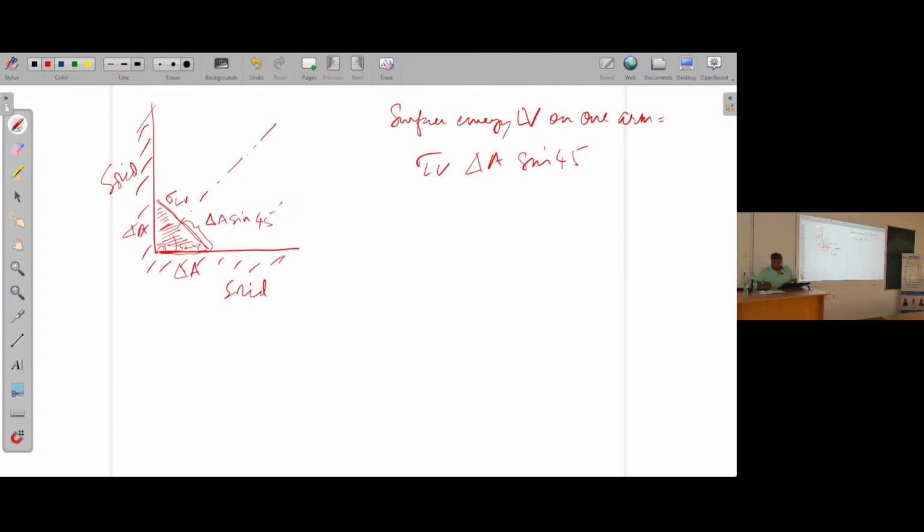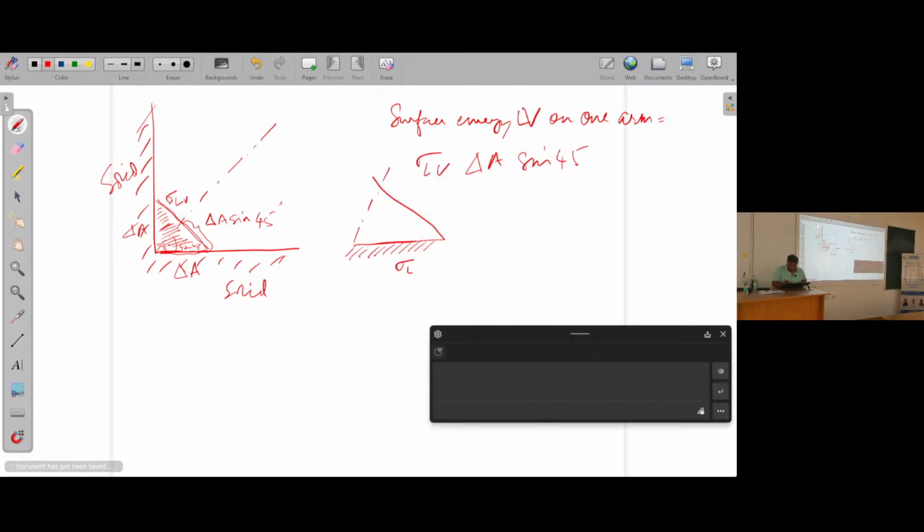Obviously, the other thing is you have this particular surface. So if I zoom this in, this is your wall. The wall has a surface energy, this is filled by liquid, so this is sigma LS.